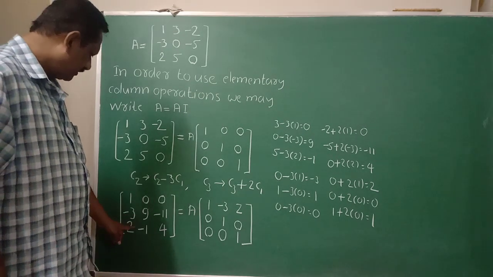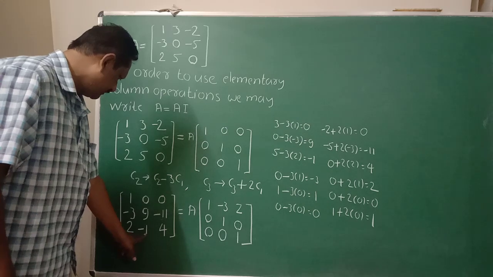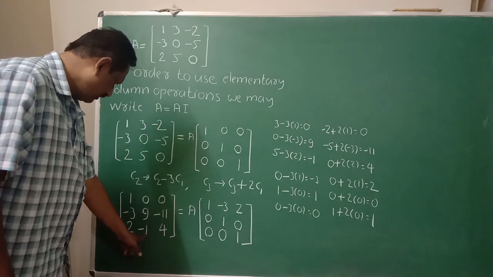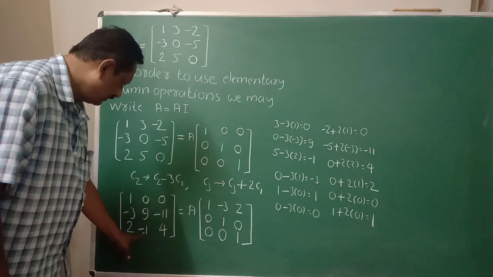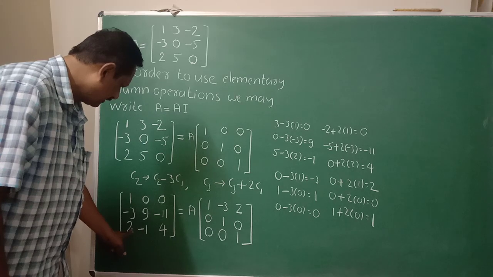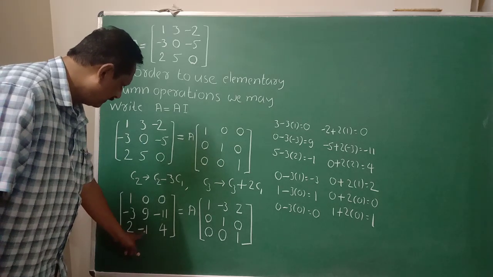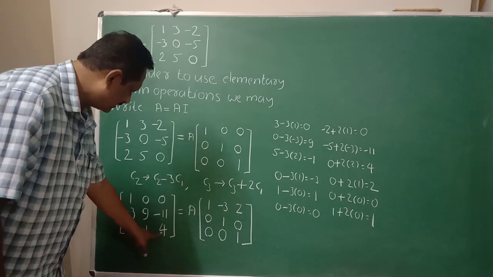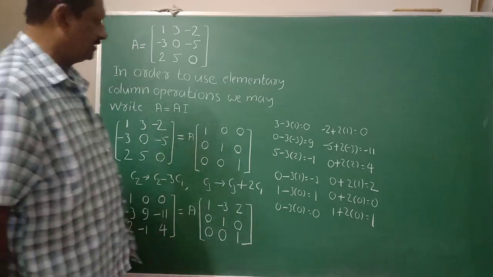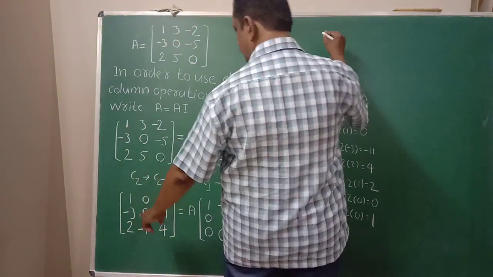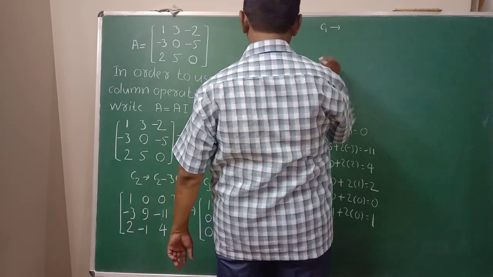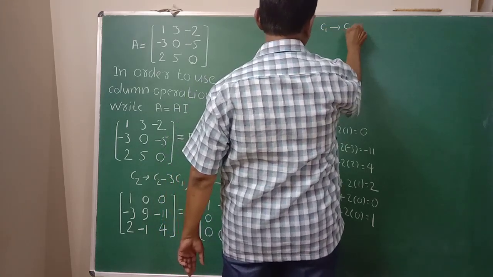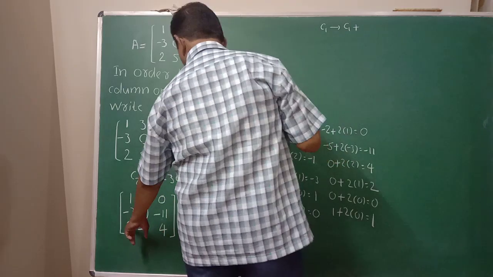Okay, just observe here. Using this minus 1, you can make these two terms zeros. If you multiply by 2, it gives minus 2, then add it here. This becomes 0. Multiply by 4 and add it to this term, then this term becomes 0. Hence, the first column: C1 implies C1 plus 2 into C2.